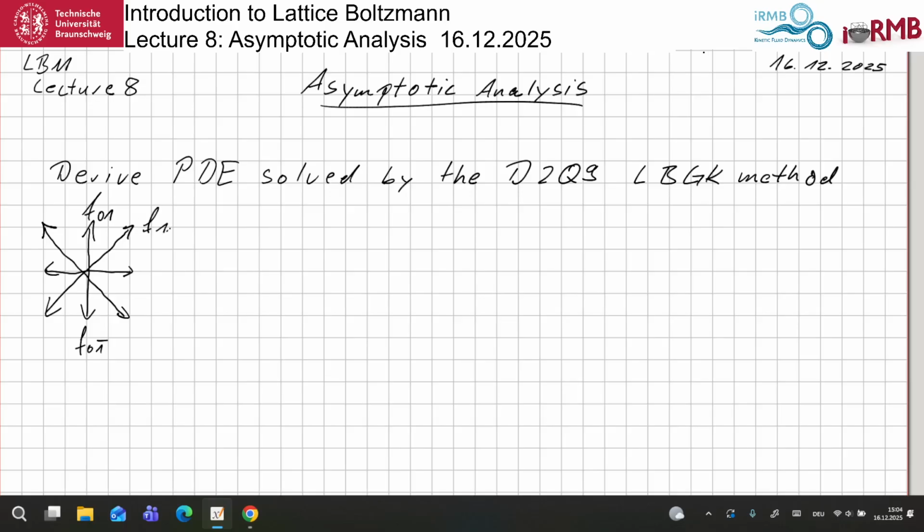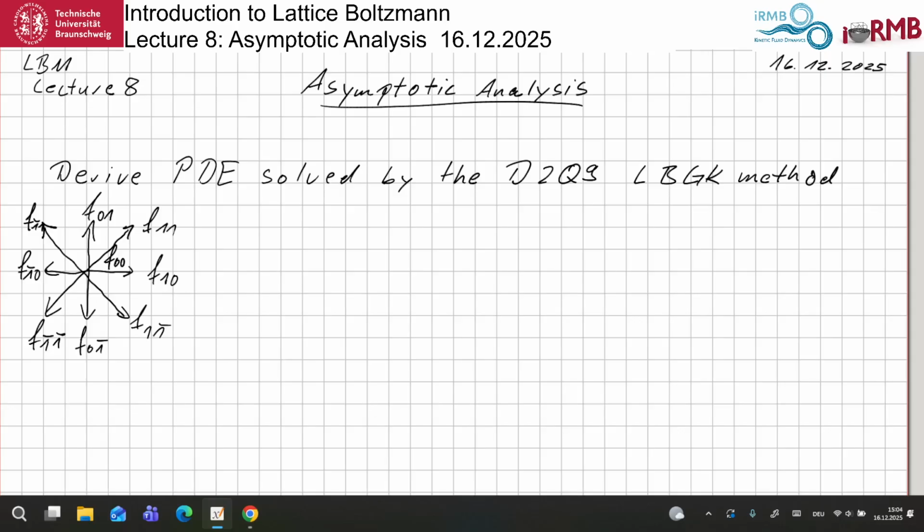So this here is f_11, f_10, f_1-1, f_-1-1, f_-10, f_-11, and here there's also an f_00.